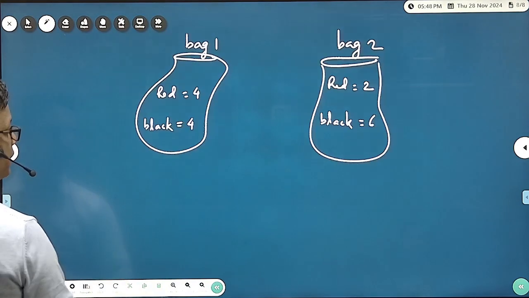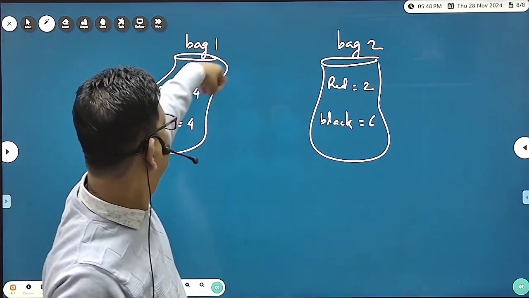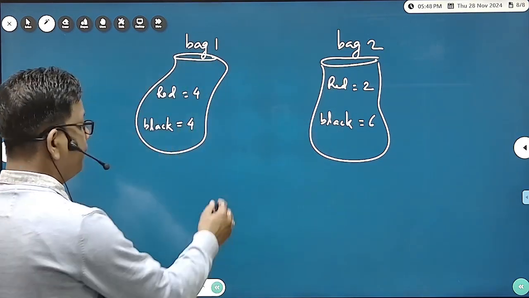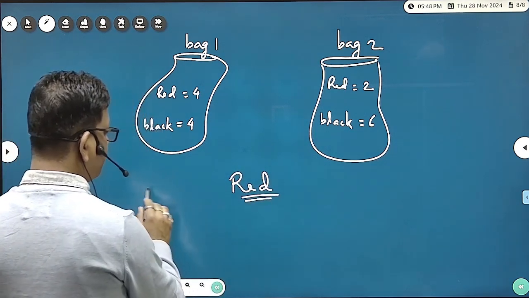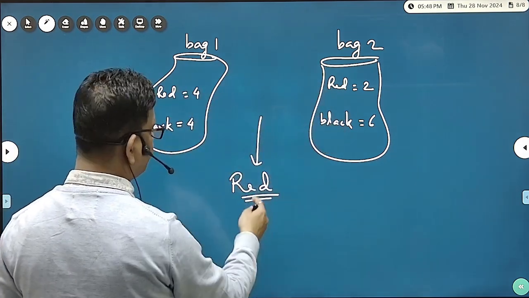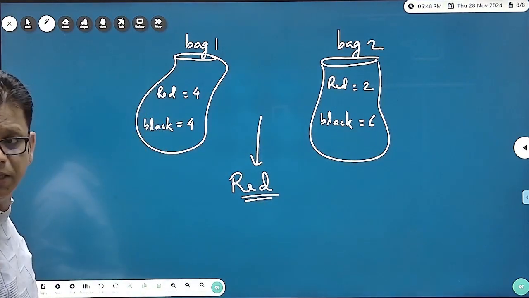Try to understand this line. A ball is taken out from the bag, and the ball is found to be red. Would you understand the second line?